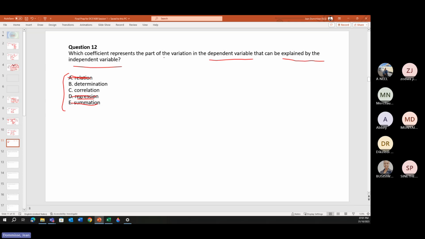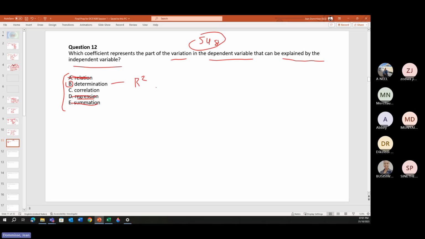But this one, where we look at variation, goes together with determination. So what we work out here is R square. Just look at study unit 8, some of the regression lines, correlation coefficient, coefficient of determination.